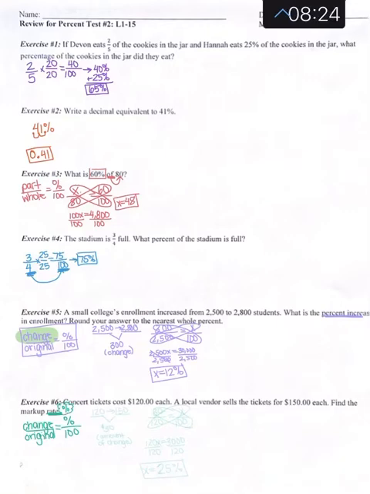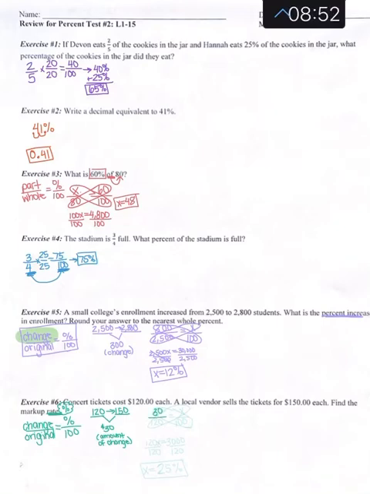So this formula is going to help us solve the amount of change. We go from $120 to $150. The difference between them, when we subtract 150 minus 120, goes up by $30. So this is our amount of change. So we're going to have 30.